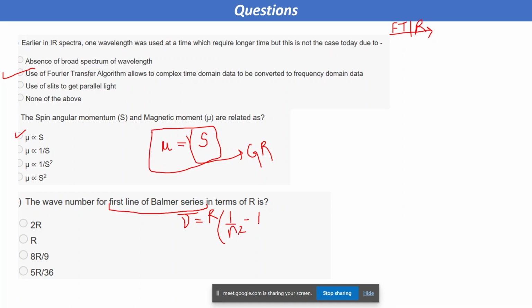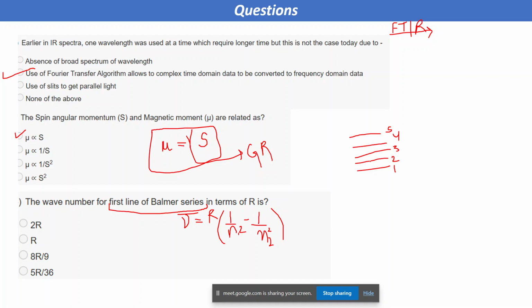Balmer series are those in which transitions occur to the second orbit. Suppose this is n equals 1, this is 2, this is 3, this is 4, and this is 5. We know that the first series is Lyman and the second is Balmer. So the transition occurs to the second orbit.